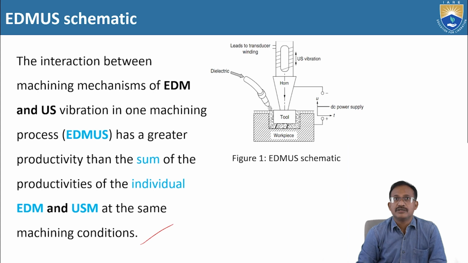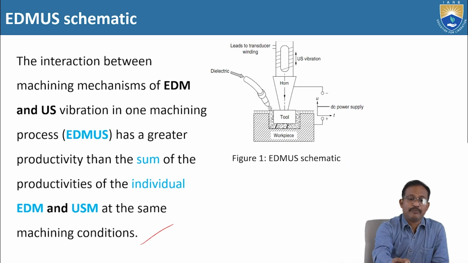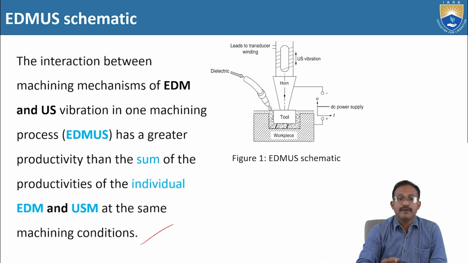Individually, EDM and USM have some advantages, but combined we have a greater productivity than the sum of the individual productivities at the same machining conditions.